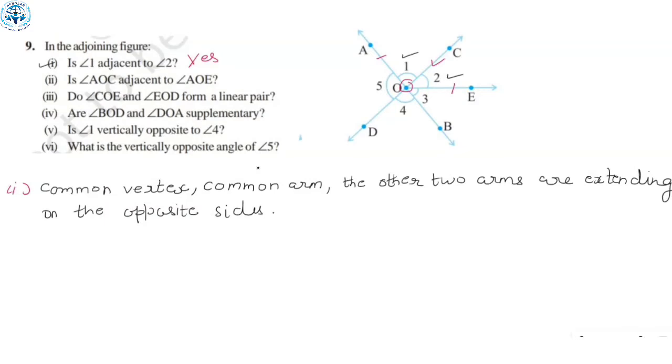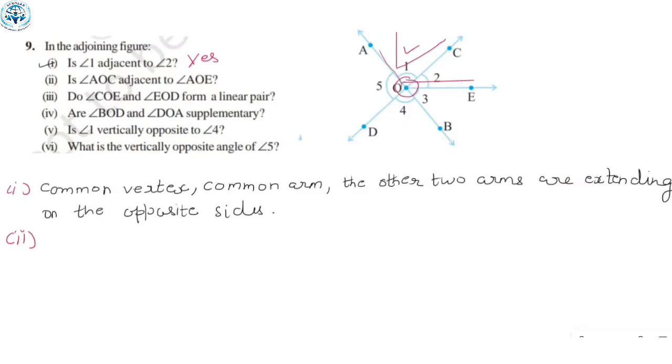Second part, is angle AOC adjacent to angle AOE? Let's find out. You can see the two angles. Angle AOC is angle 1 and AOE is 1 plus 2. This angle and this angle, are they adjacent? Let's find out.